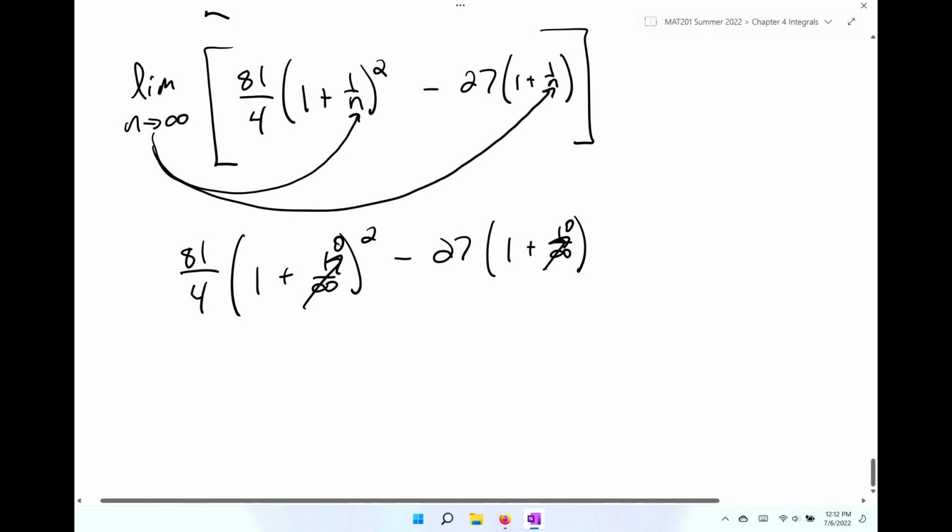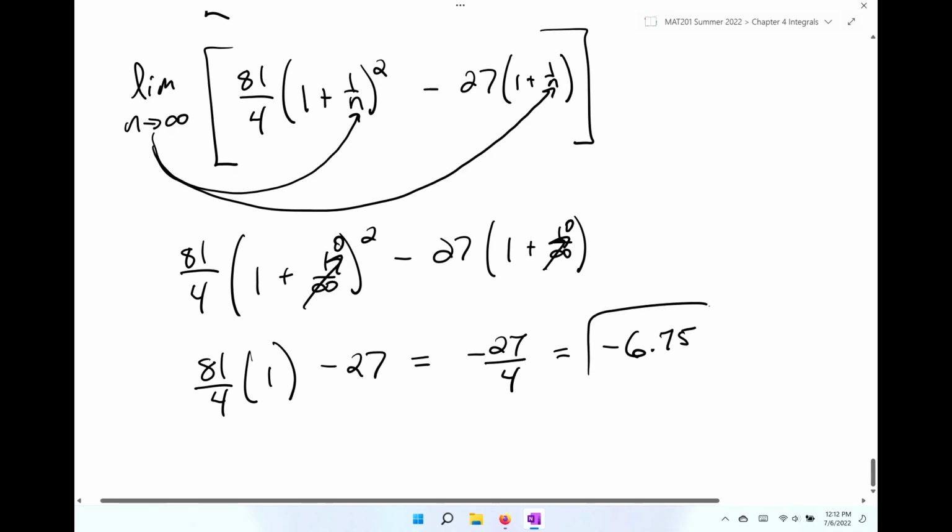So that's going to give me 81 over 4 times 1 minus 27, which equals negative 27 over 4 when you find your common denominator and everything. And if you were to divide these two numbers, you get negative 6.75.